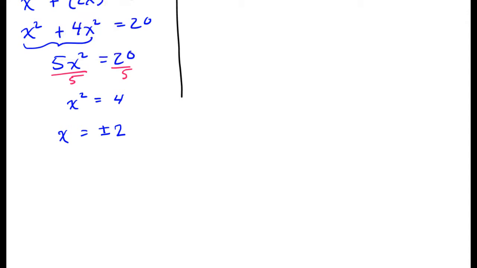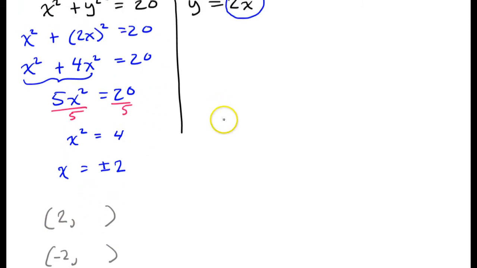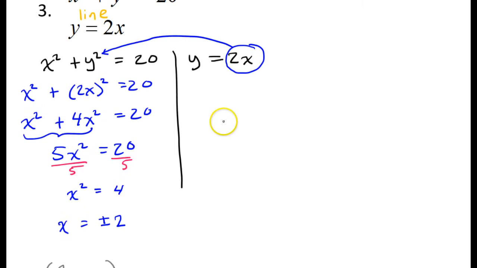So as I begin to build my solution set, I have these two x values. I have a positive 2 and I have a negative 2, plus or minus 2. That means I have 2 comma something and negative 2 comma something. I need to find the y values that go with these x values. So the way I'm going to find those y values is by using this equation right here.